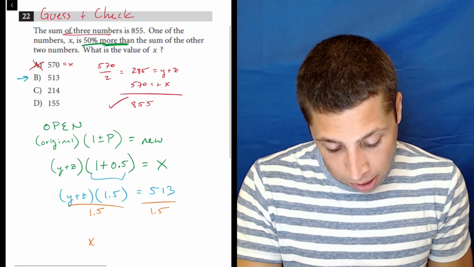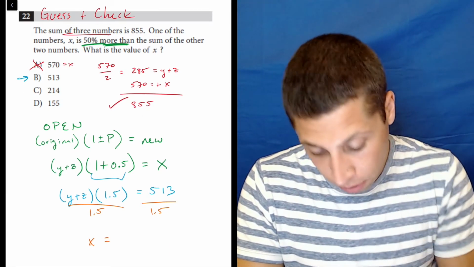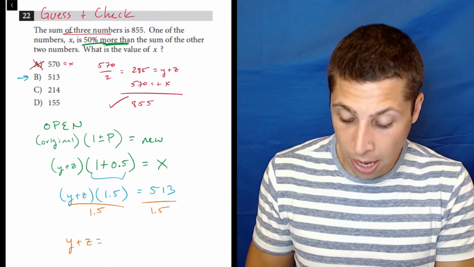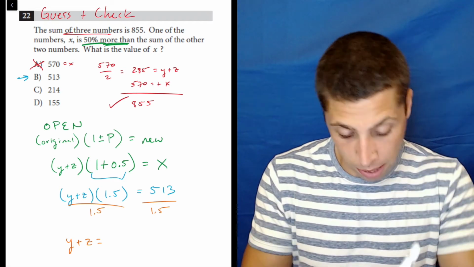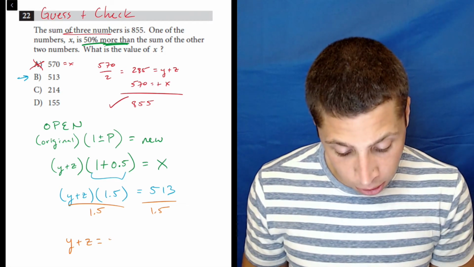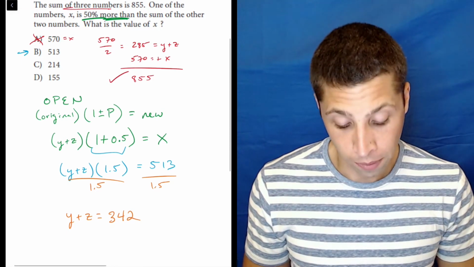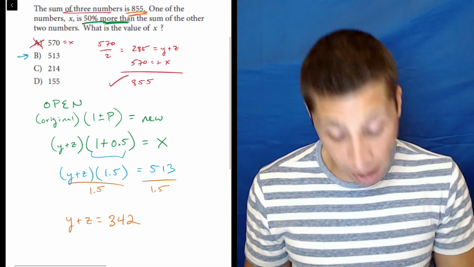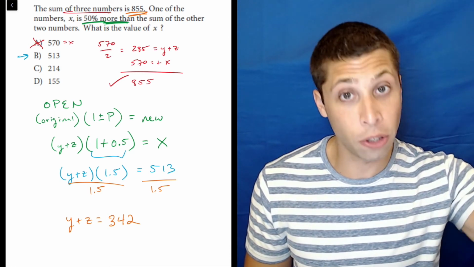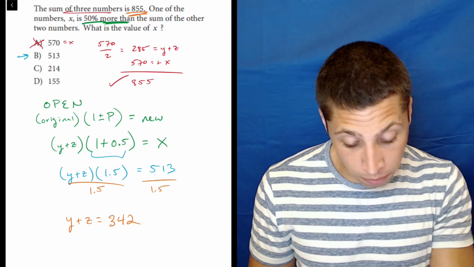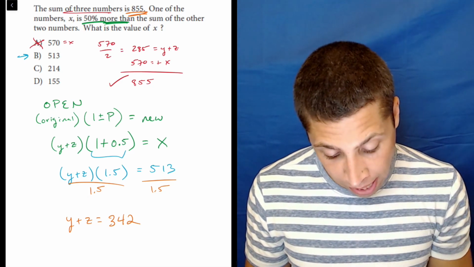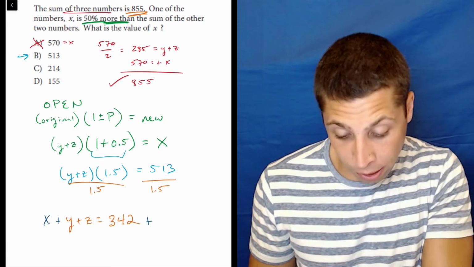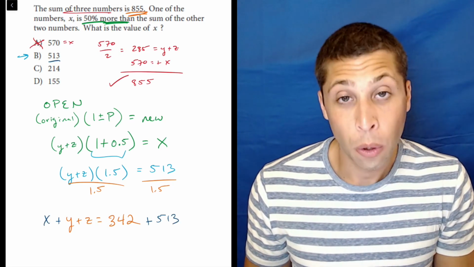So, let's keep it as Y and Z. Y plus Z is equal to 513 divided by 1.5. That is 342. And so the sum of the three numbers is 855. So if we have two of the numbers that are 342 together, and we add in the one we were just thinking about, so plus X, we said X was 513, what do we get?